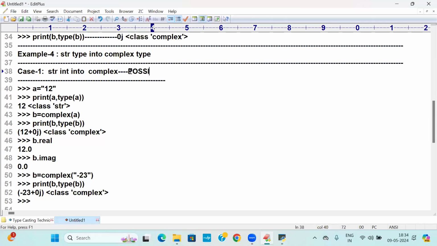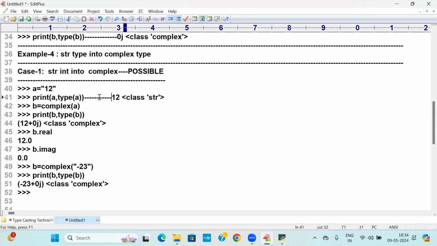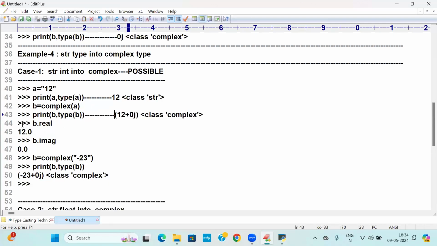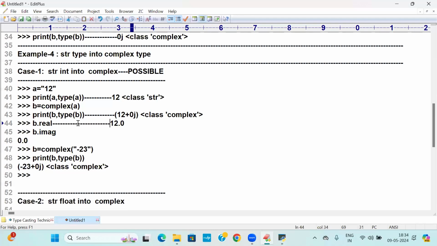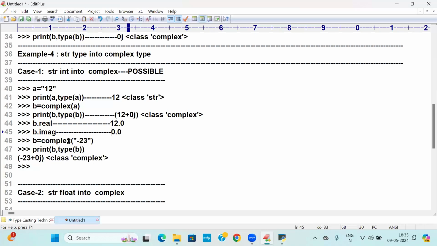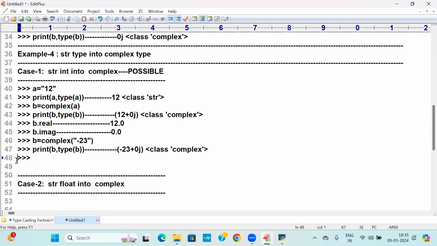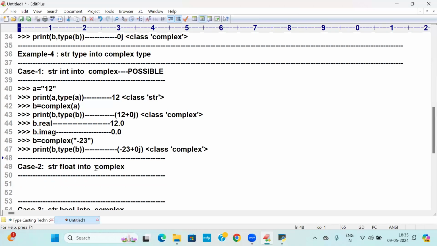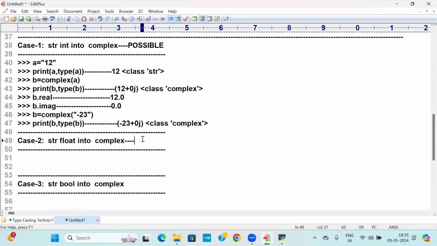So this is the data we got. Did any of you understand this? B dot real got this data, B dot imag got this data, and the complex of this got this value. This is possible.